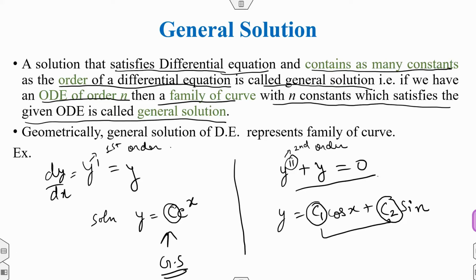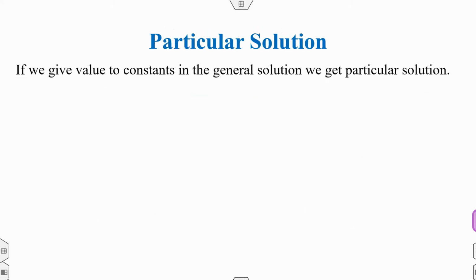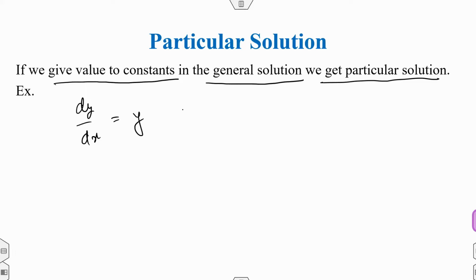Now let us look at the definition of a particular solution. A particular solution is a solution which we get by giving values to the constants in the general solution. This is easy. For example, if you take this simple differential equation, you know that it has a solution y equals c e to the power x.